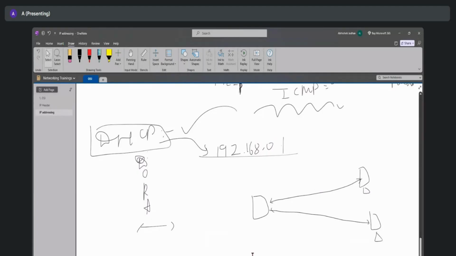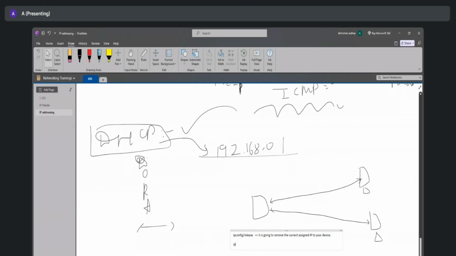Yeah, this ipconfig release, right? Once you run this command on your command line interface, it is just going to remove the current assigned IP to your device, right?